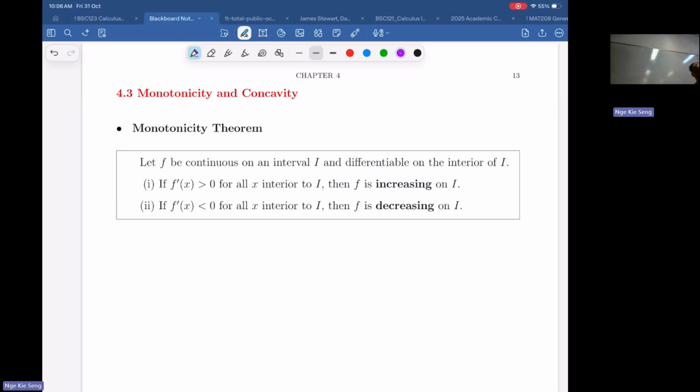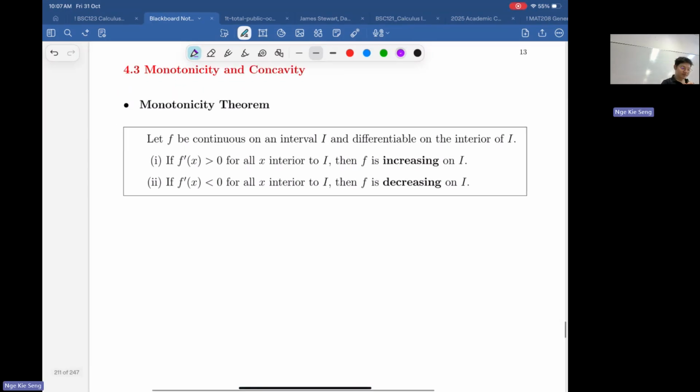Okay, so does this make sense? How do you make sense of this? Again, tangent line. So what does it mean by positive derivative? How does your tangent line look like?